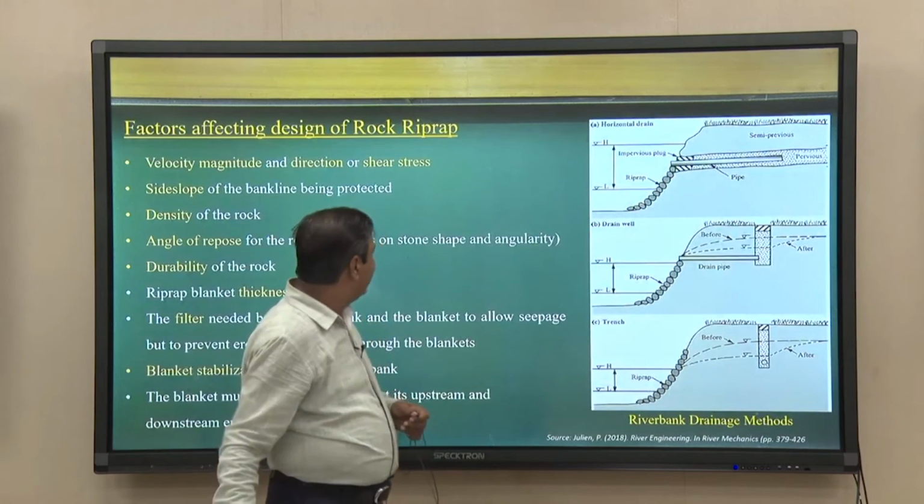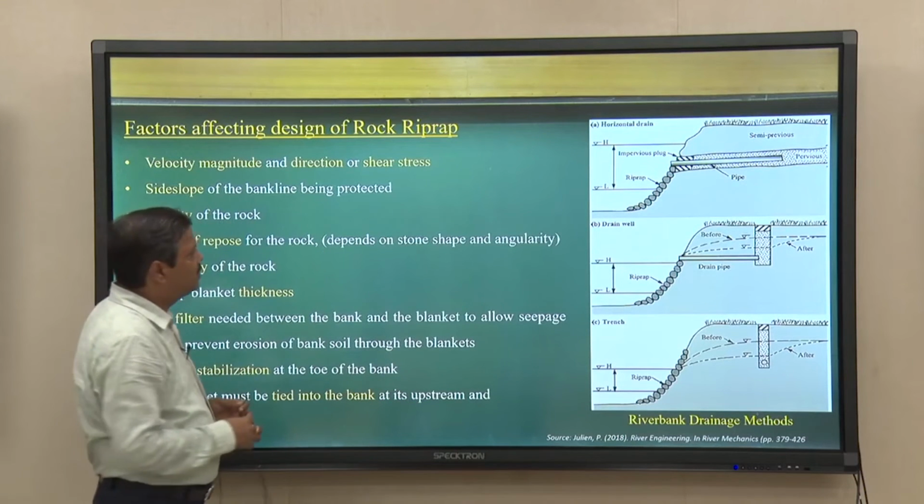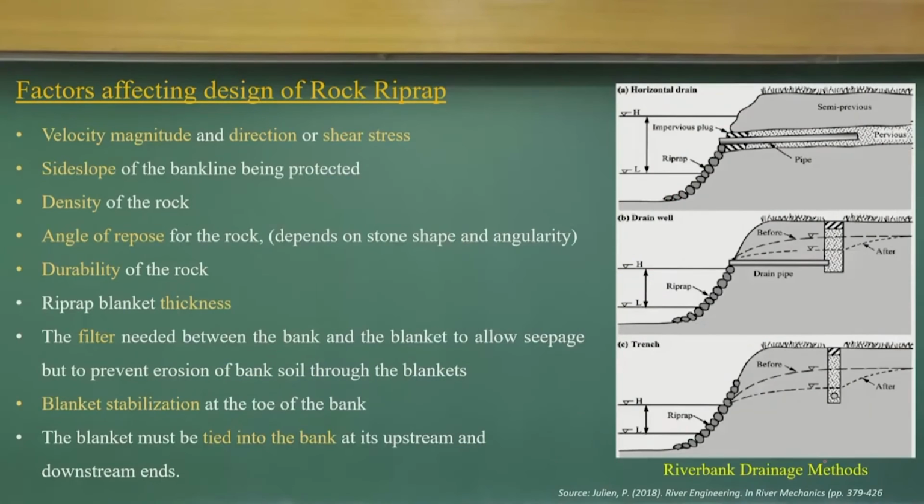So, if you look at that, there are points for the rock riprap. We all talk about protecting with rock riprap, or you put stone gabions, or any geotextile mattress. We should know what type of stone riprap is needed.